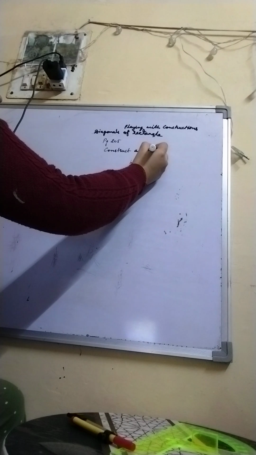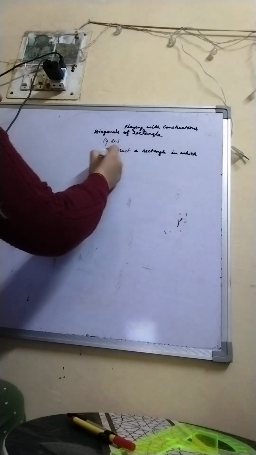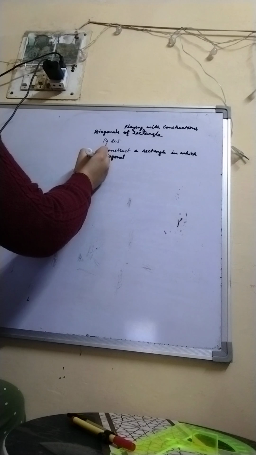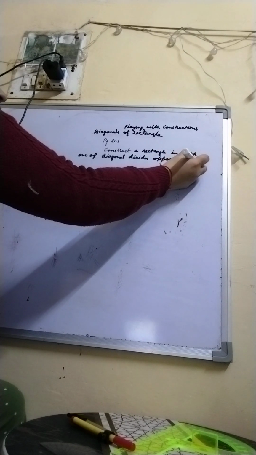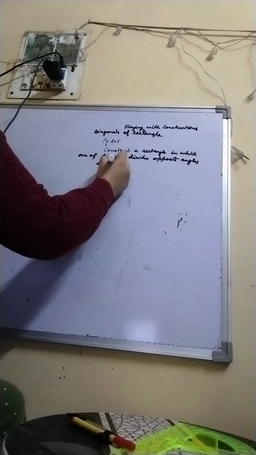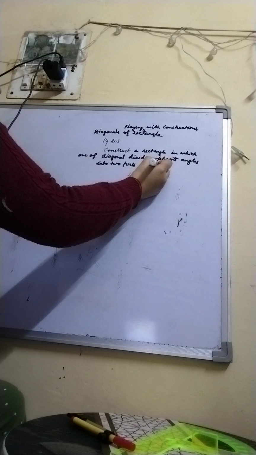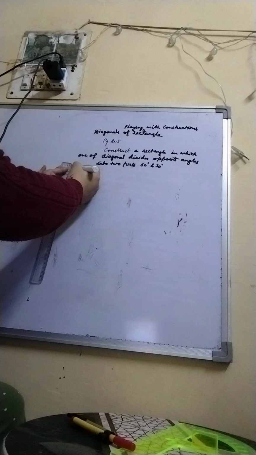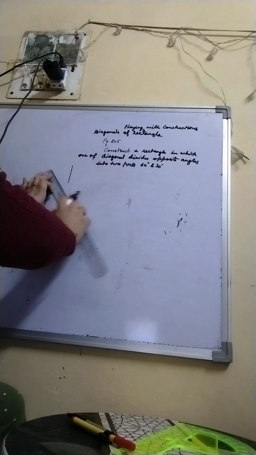Construct a rectangle in which one of the diagonals divides opposite angles into two parts of 60° and 30°. So basically what it is saying, first you understand the question. Construct a rectangle. So a rectangle has angles of 90°.